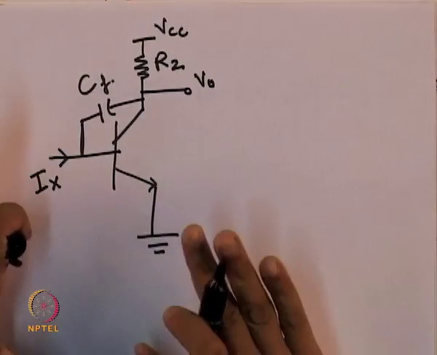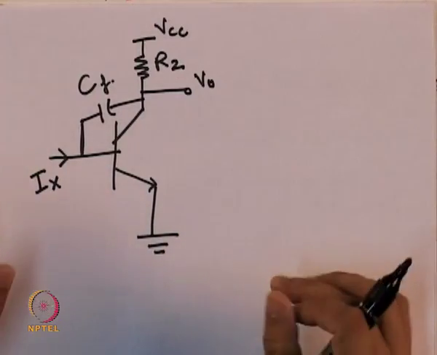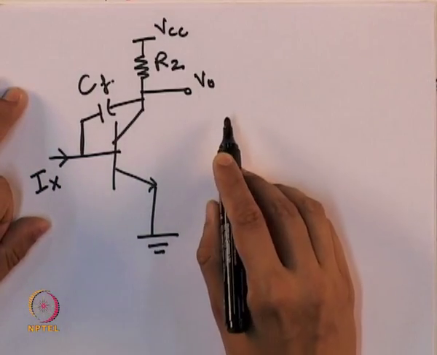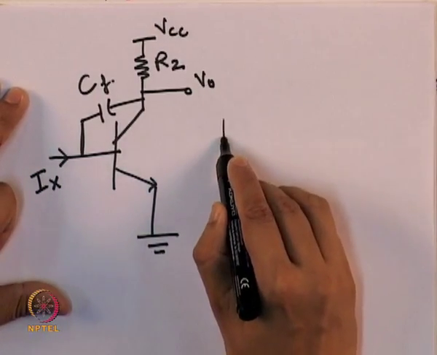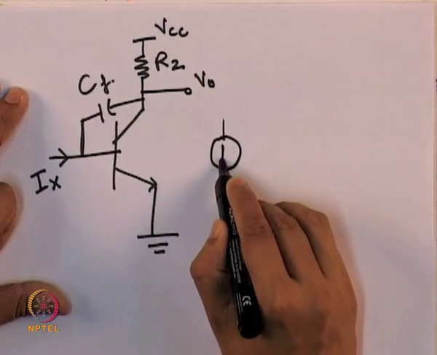Without going into the physics of this BJT, I will just state the equivalent model of a BJT, which is like this.